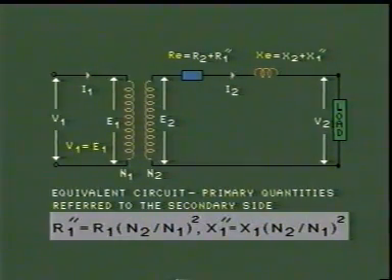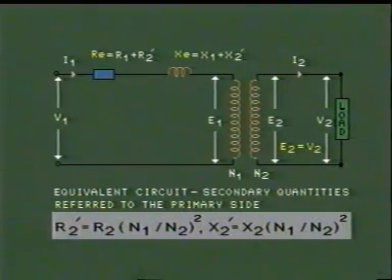The value of R1 double dash is equal to R1 multiplied by (N2 by N1) whole square, and the value of X1 double dash is equal to X1 multiplied by (N2 by N1) whole square.